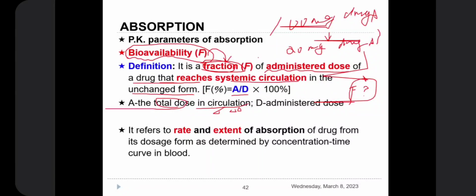What's the F? What's the fraction? What's the bioavailability? Okay, students, you can do some exercise.